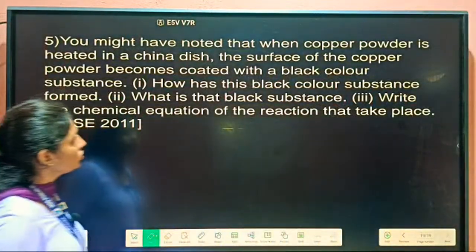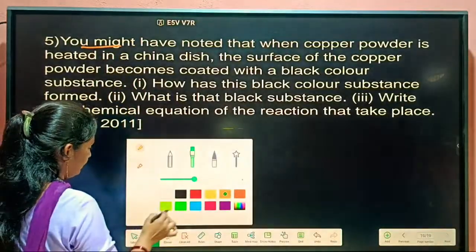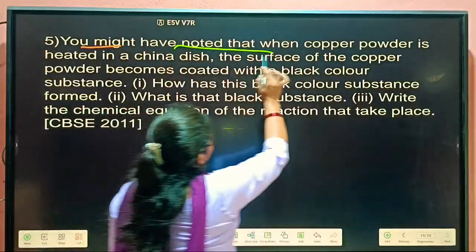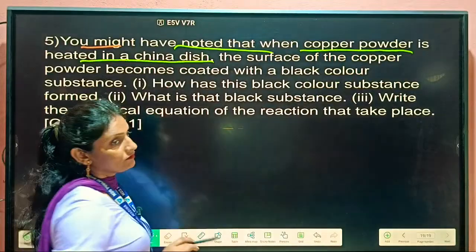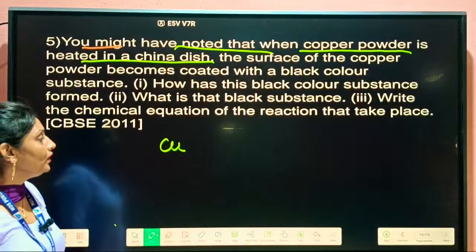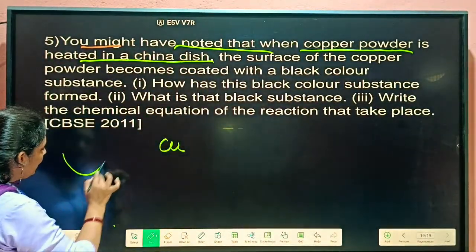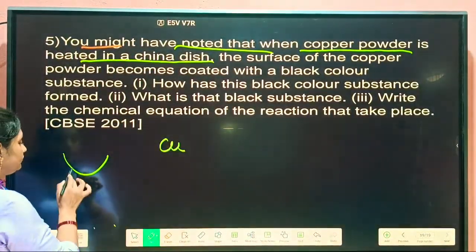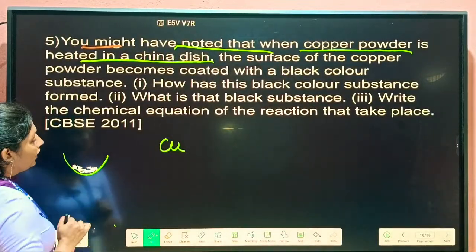So one more question we will discuss. You might have noted that when copper powder is heated in a china dish, students, you are having a china dish with some copper powder in it.